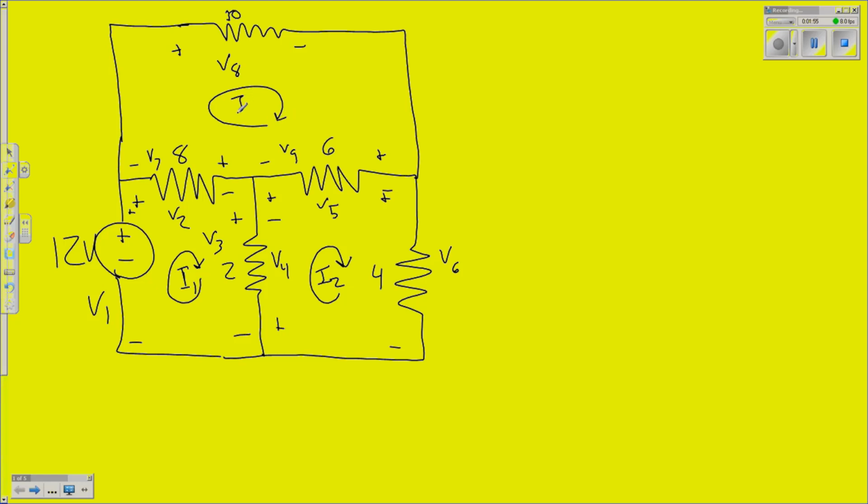Now, you don't have to define them all in the same direction, but it will make it easier for you in the long run, simply because of how signs get all tangled up. Now, a mesh current is a little harder, especially for me, maybe not for you, to understand compared to the node voltage. They're kind of imaginary currents.